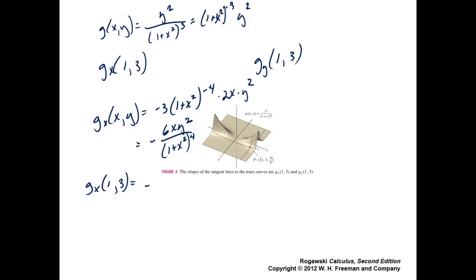Minus 6 times 1 times 3 squared. Okay. Yeah, that would be minus 6 times 1 times 3 squared, which would be 54 over, no, I'm sorry.